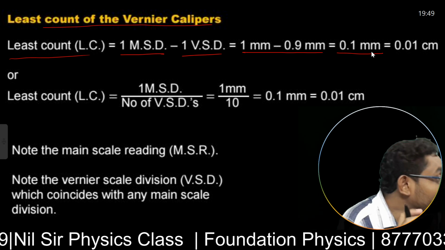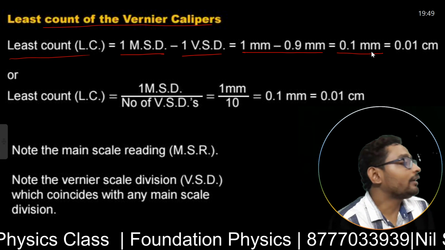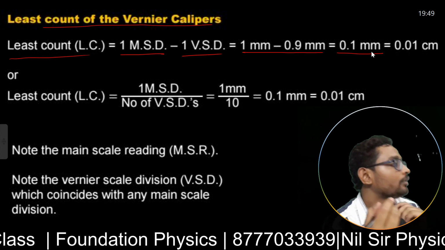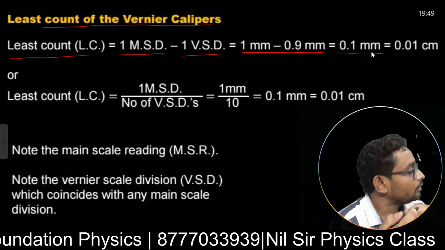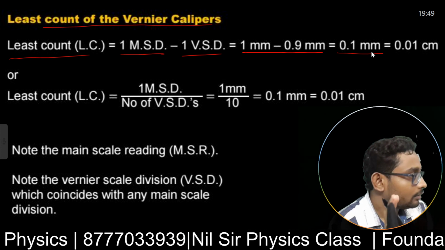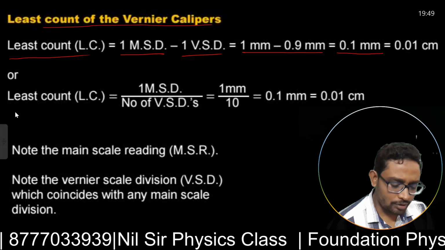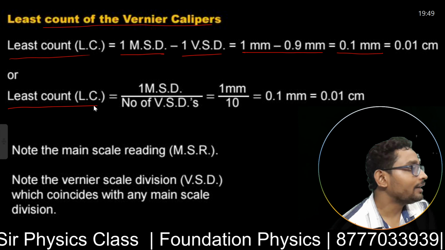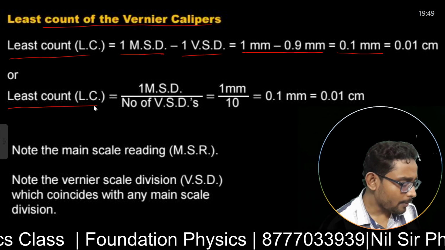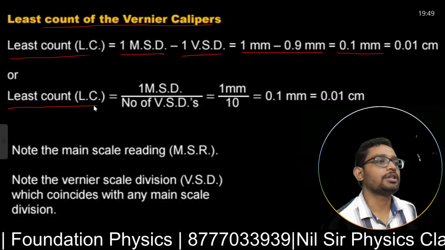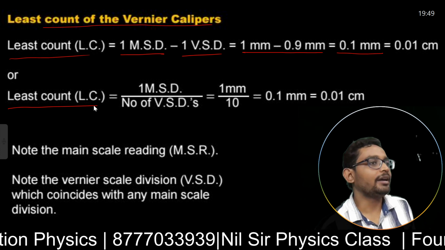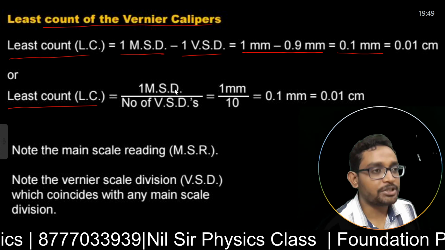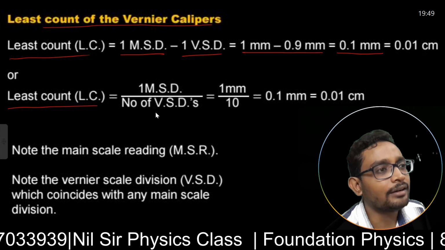It was 1 millimeter. Now we can get the value up to 0.1 millimeter. This least count you can also calculate this way: 1 main scale division divided by total number of vernier divisions.